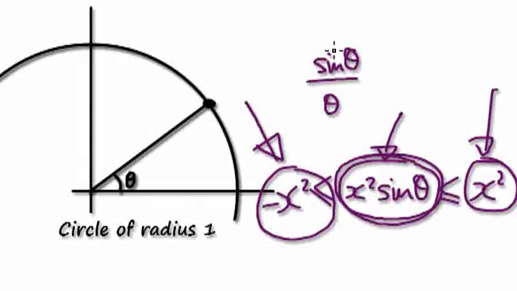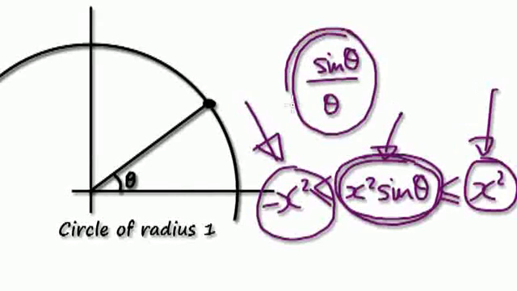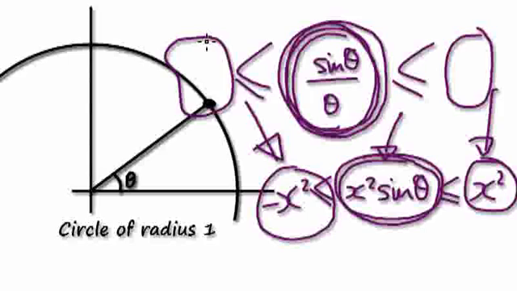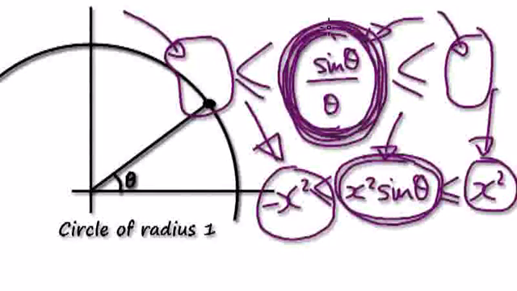Well, here we would use the same technique. Somehow we want to create a scenario where this thing is tracked in between two other things. Then take the limit of this thing, and take the limit of this thing, and try and force this into one single value, which would represent the limit.